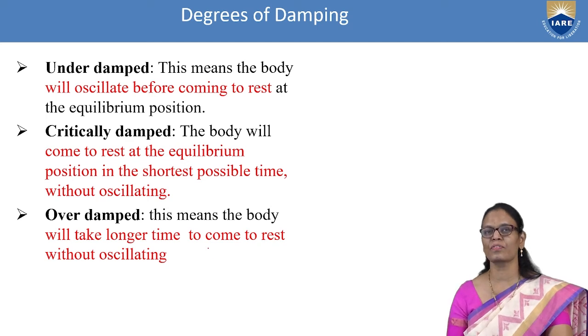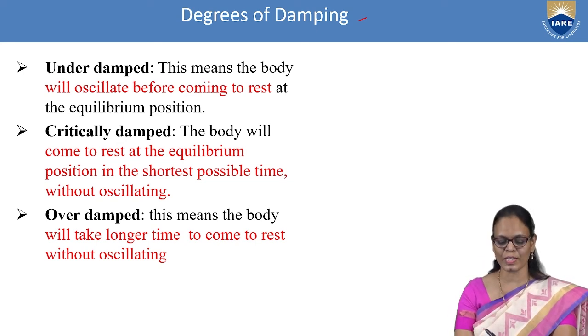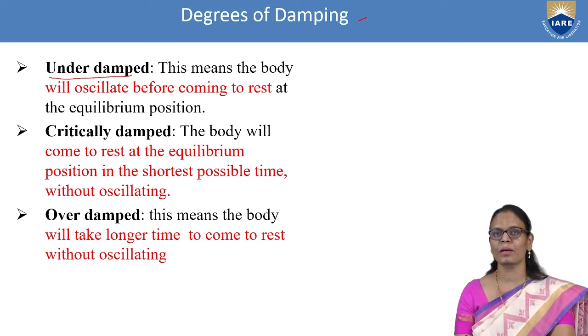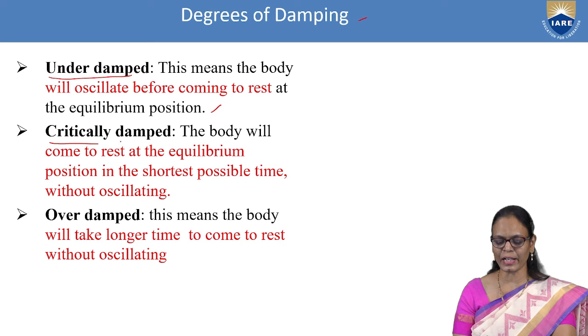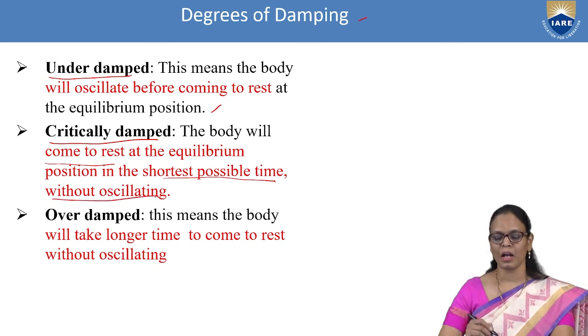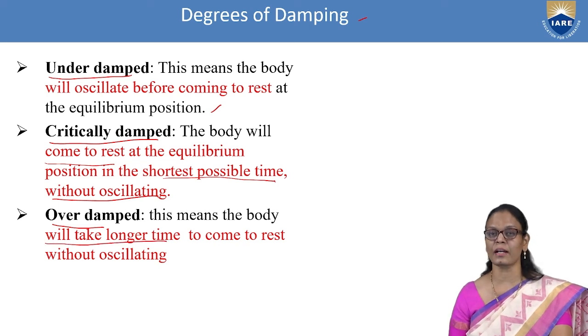Now the degrees of damping. We are just quickly revising what we have seen. In underdamping, the body will oscillate before coming to rest at the equilibrium position. In critical damping, the body will come to rest in the shortest possible time without oscillating. And in overdamping, the body will take longer to come to rest without oscillating.